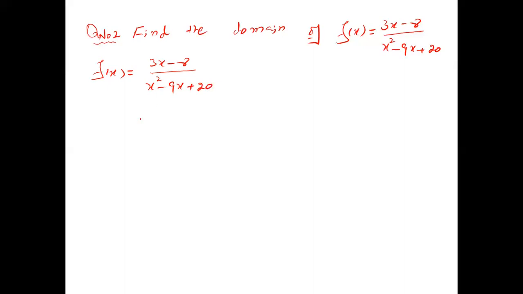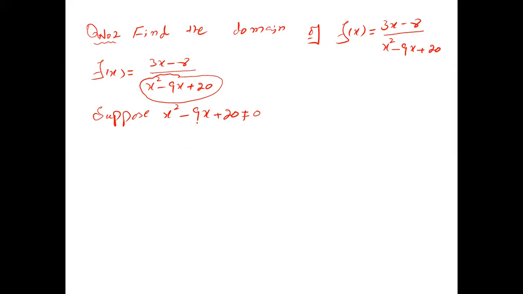In every question, we will suppose this denominator should not be equal to 0. Is it clear, boys? So suppose x square minus 9x plus 20 is not equal to 0. Now what we have to do? This is a quadratic equation. You can solve this quadratic equation by three different methods: either by quadratic formula, or by completing square, or by factorization.